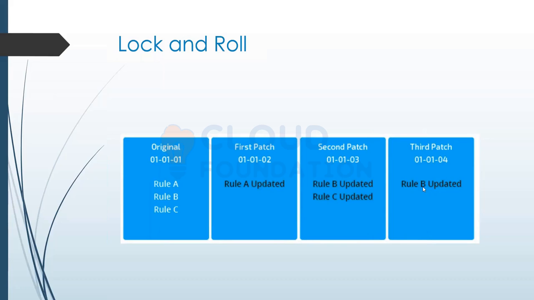Exactly, because the most updated version of that Rule A lies with the first patch. Then for Rule B, from the third patch. Perfect. The system is going to pick the highest version of each rule instance.